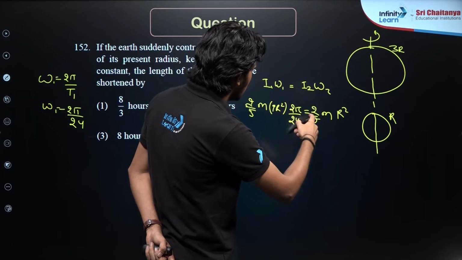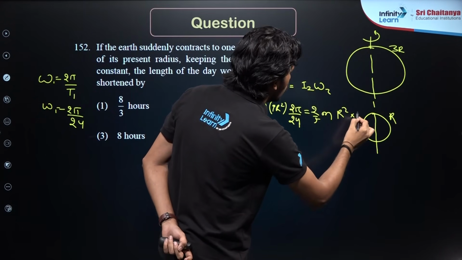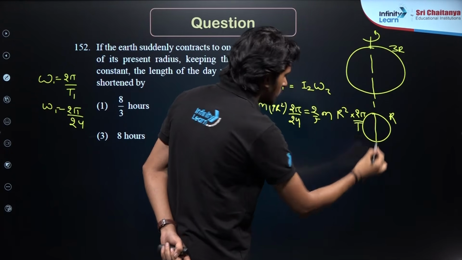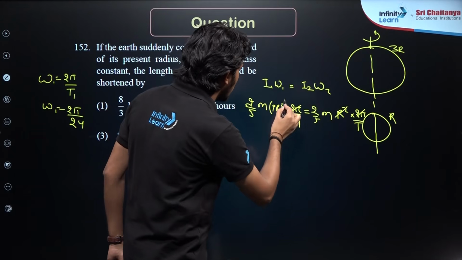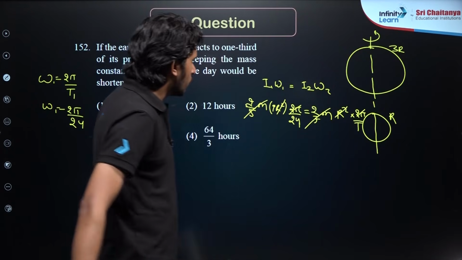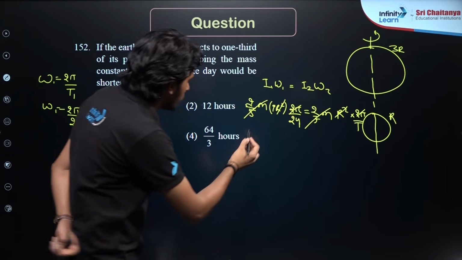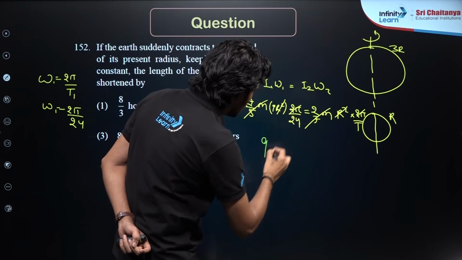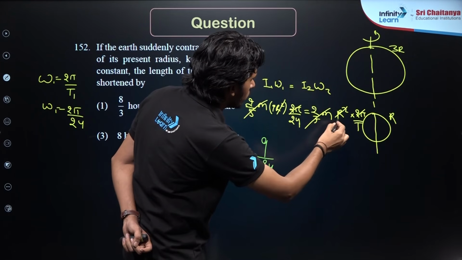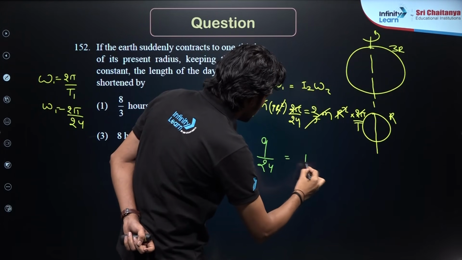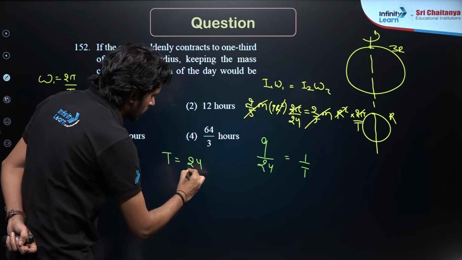So let's write over here I1 omega 1, 2 pi by t time period. Now 2 pi cancelled out, r square cancelled out, 2 by 5 m cancelled out. We are remaining with 9 by 24 equals 1 by t. That means t is 24 by 9.